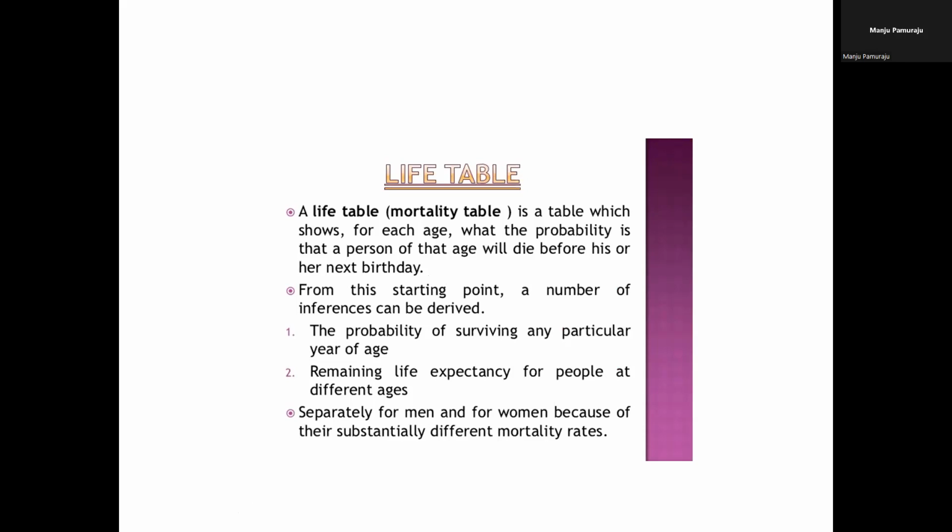From this starting point, a number of inferences can be derived: the probability of surviving any particular year of age, and the remaining life expectancy for people at different ages, separately for men and women because of their substantially different mortality rates. So the mortality rate for male and female also varies.